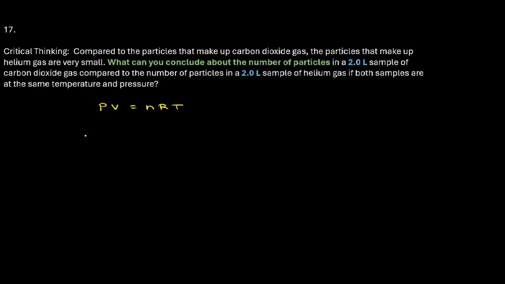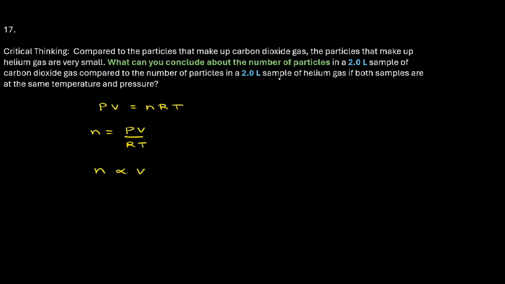So the number of moles of a gas is proportional to PV over RT. Now, if you keep the pressure and temperature the same, this number of moles will be only proportional to volume. And here the volume of the two gases is the same. You have 2 liters of carbon dioxide and 2 liters of helium gas.